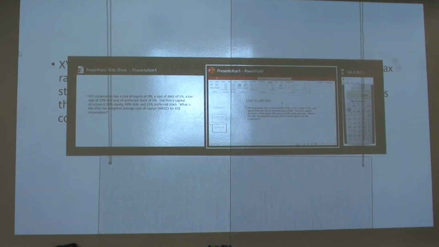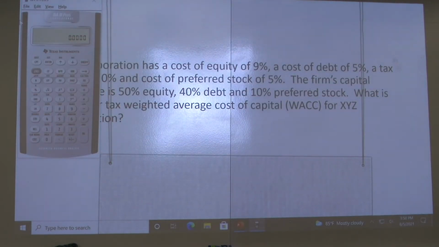And so we go to our calculator, and so we have 0.09 times 0.5, so that is 4.5%.